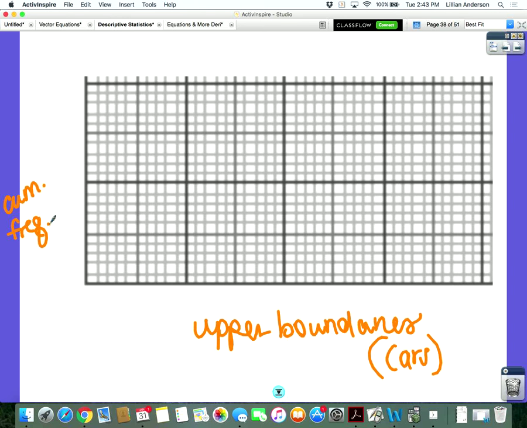Now, this right here is 1 centimeter paper. Felt like I've talked about this before, but I'm just going to go ahead and go over it again. This is 1 centimeter paper, which means that every thicker line represents 1 centimeter. Now, a lot of times, it will say, make 1 centimeter represent 5 units or something like that.